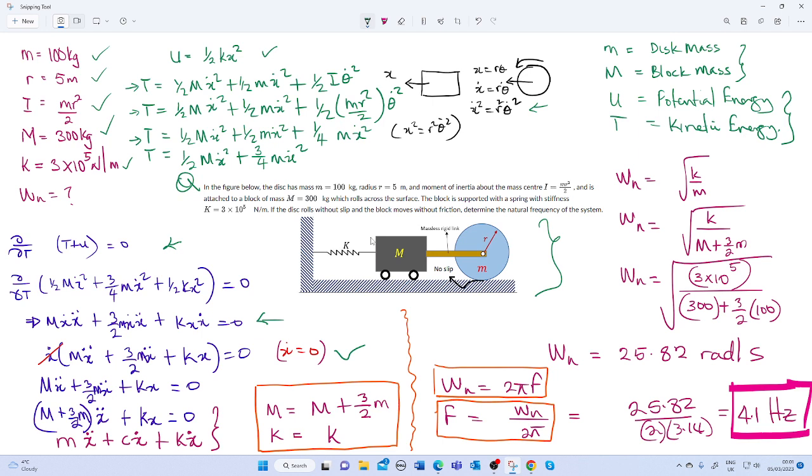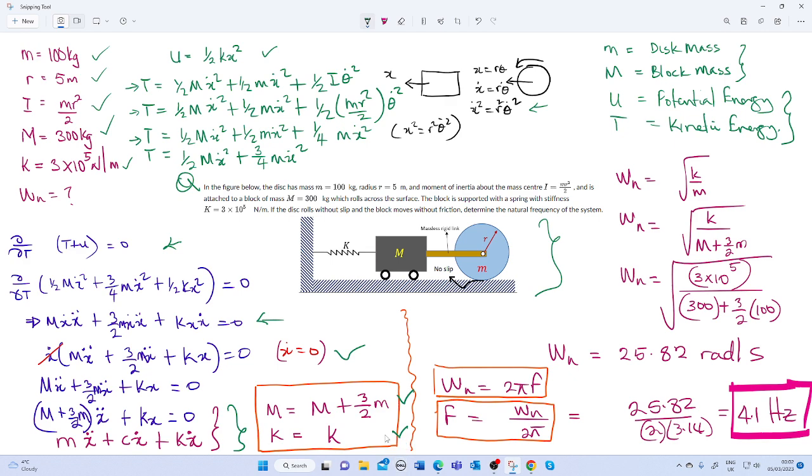Now, by comparing with the standardized dynamics equation, which is M s dot dot plus c s dot plus k s, we can deduce that our equivalent mass equals this particular one in the bracket, and our k equals k. So therefore, M equivalent equals M plus 3 over 2 m, which is given here, and k equals k, which is given here.